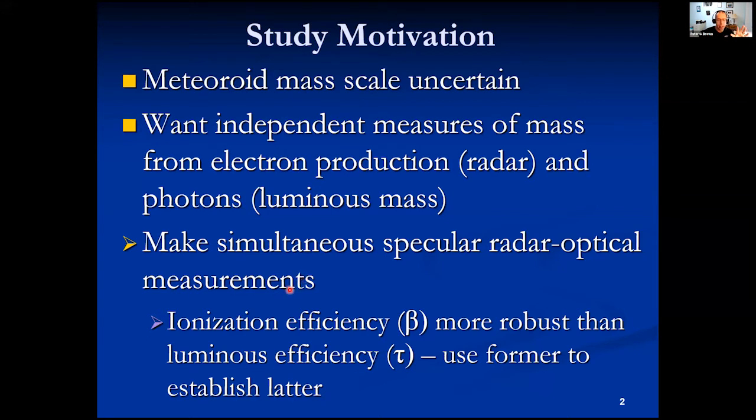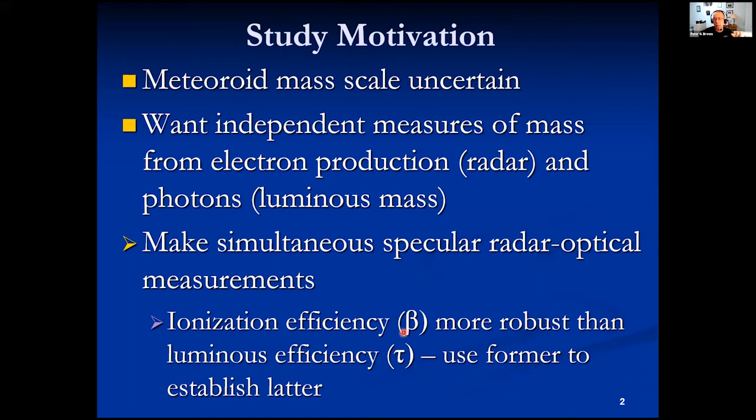And so again, one of the motivators here is we have these two unknowns: ionization efficiency, how many electrons you produce per atom that's ablated, and luminous efficiency, what fraction of the total energy that's released by a meteor is released in the form of photons. And one of the starting points here is to recognize that ionization efficiency in general is a bit simpler physics, and so arguably has better laboratory calibrations and is more robust.